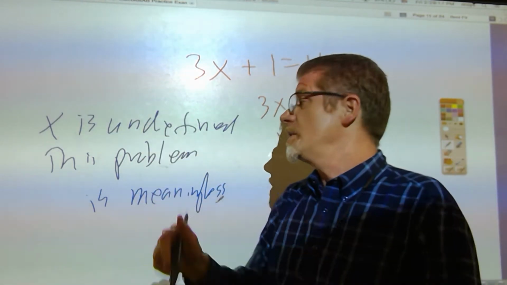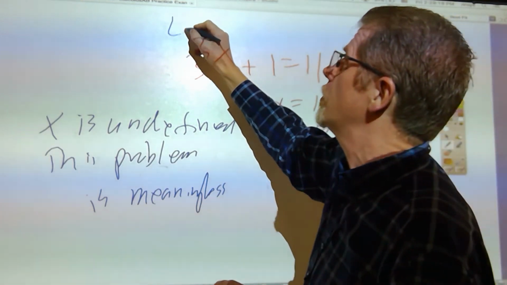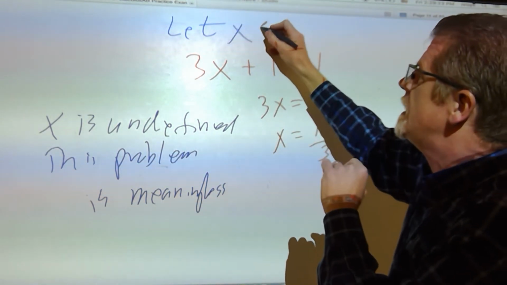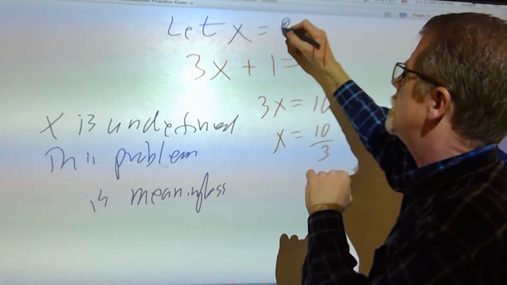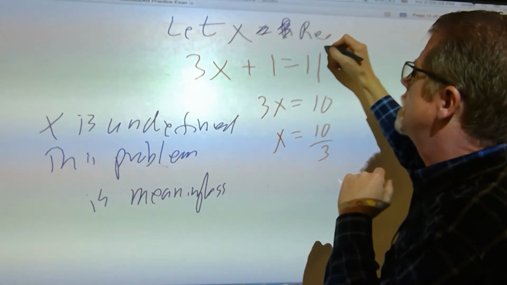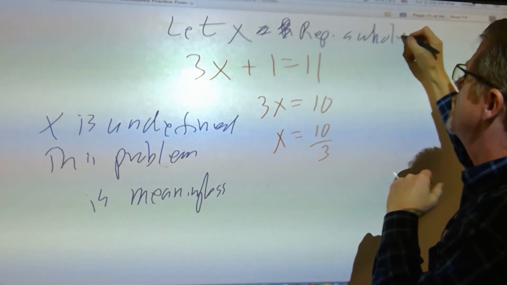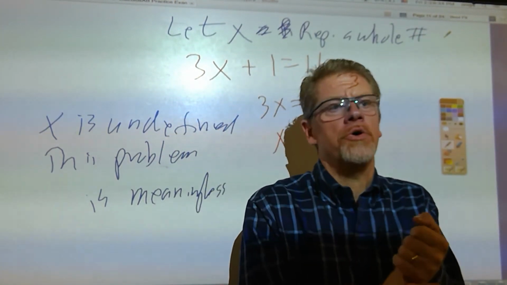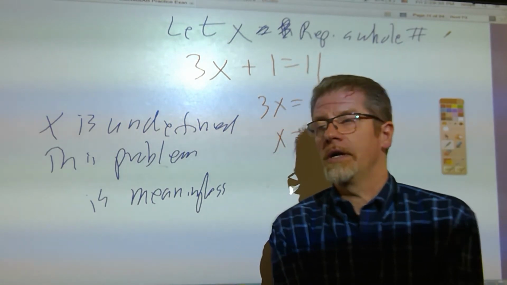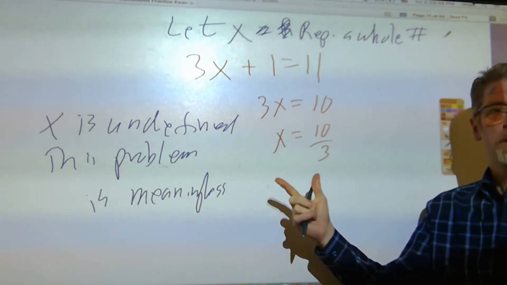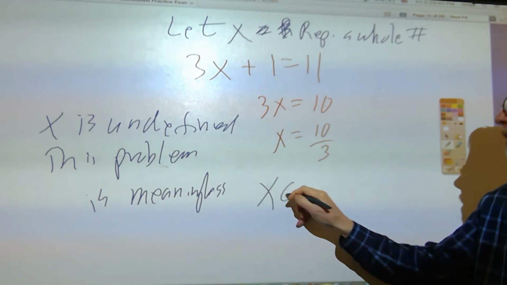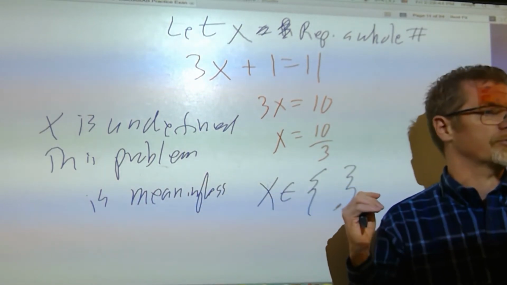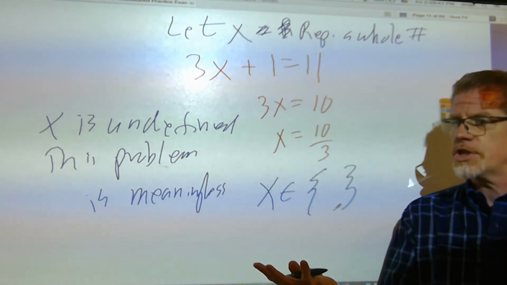If you attach meaning to the symbol x with words, if you say let x represent a whole number, now x has meaning. If x represents a whole number, then what's the correct answer? No solution. There are no whole numbers that make this equation true. We can say no solution.